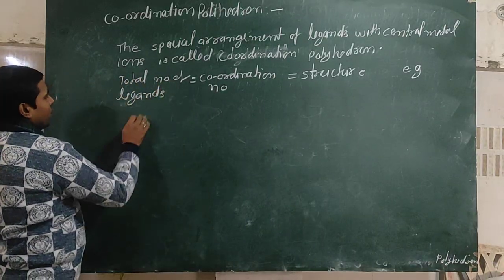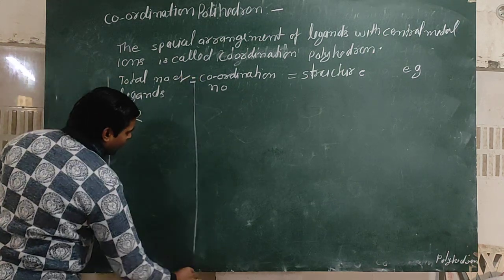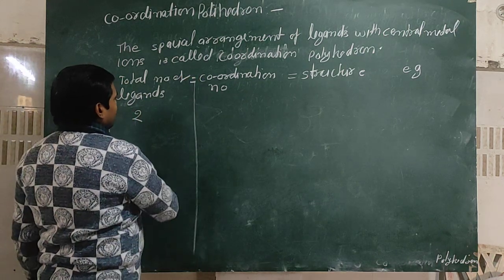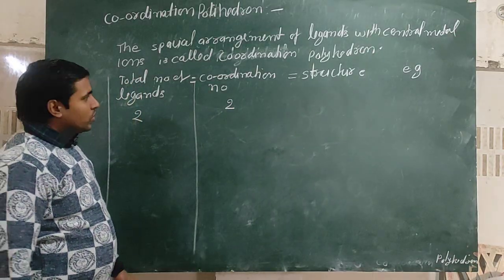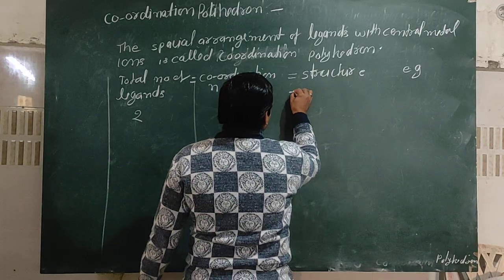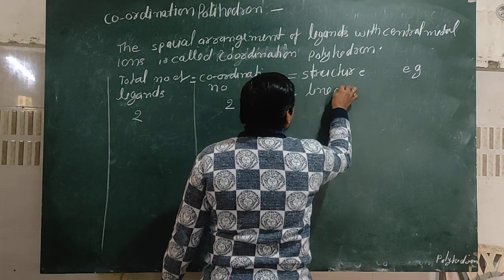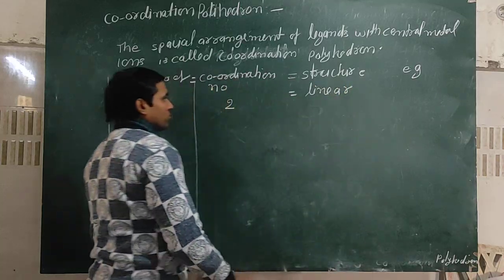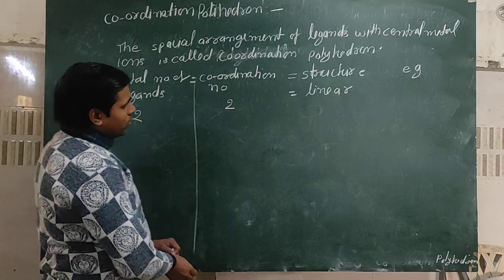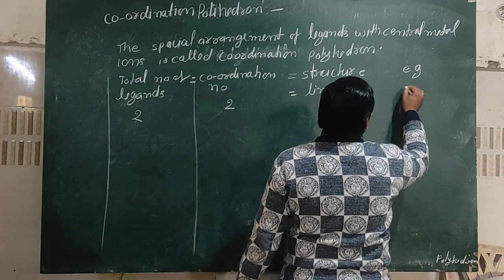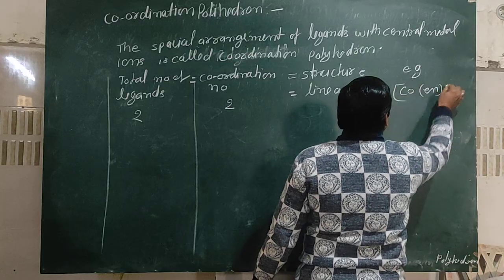and we can easily understand with the help of example. If total number of ligands is equal to 2, then its coordination number is also 2, and the structure is linear, like Ag(CN)2.